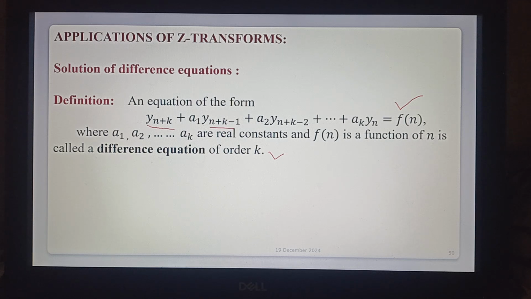That means the equation involves sequences: y(n+1), y(n+2), up to y(n+k) are all sequences.